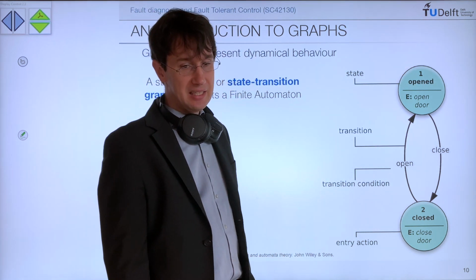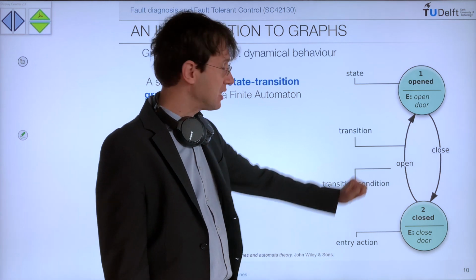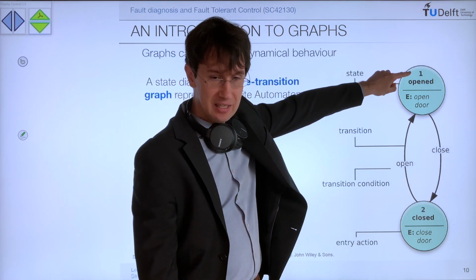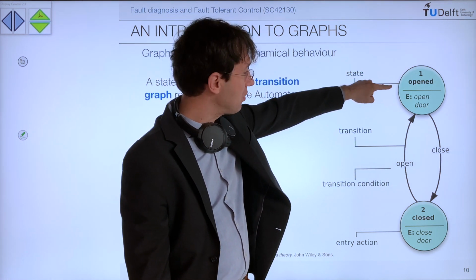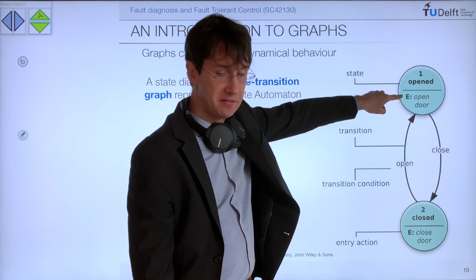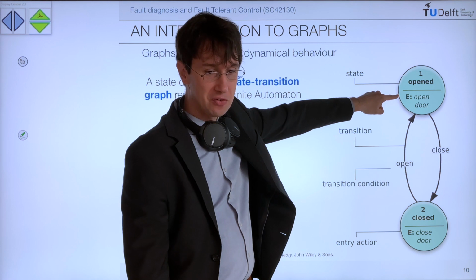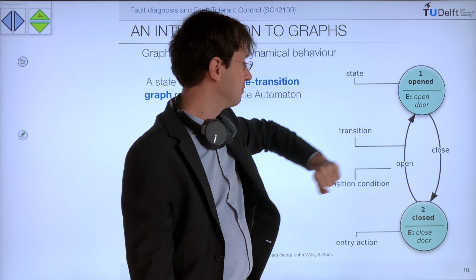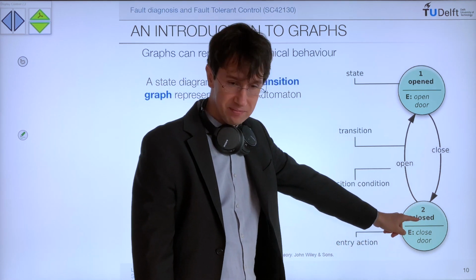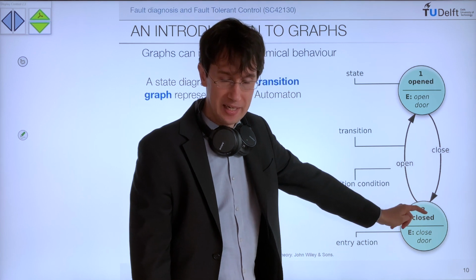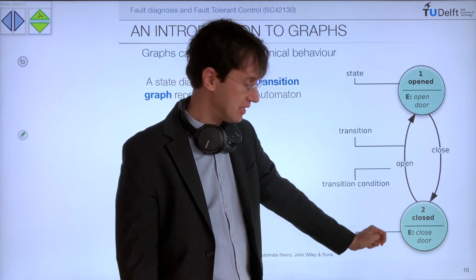You see that there is some more notation actually. Inside each node, each state, there is also one activity. That is the activity that you perform when you enter this state. So if the door is closed and you want to open that, somebody tells you, open the door, please.